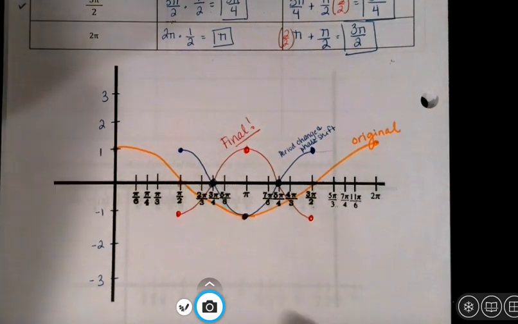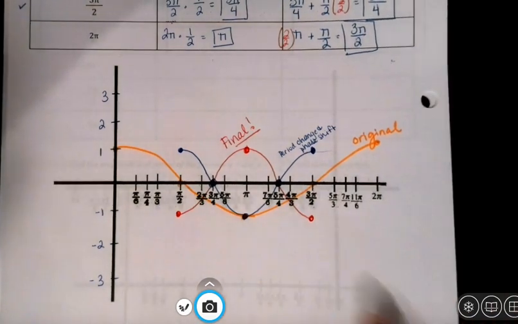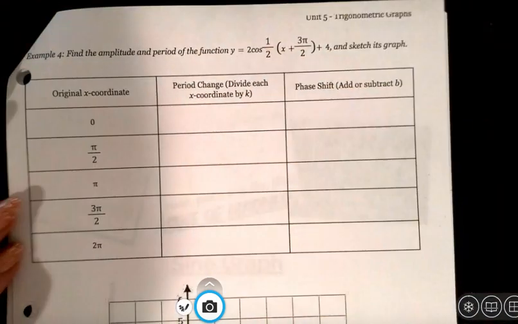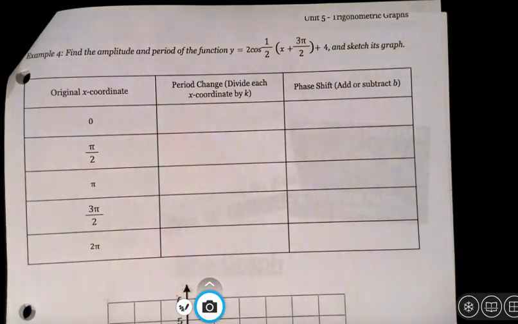We are going to look at example 4, so I'm going to go ahead and flip my packet over. This equation does have every transformation except a reflection, but it has everything else. So we do want to go through this because there's a lot going on.